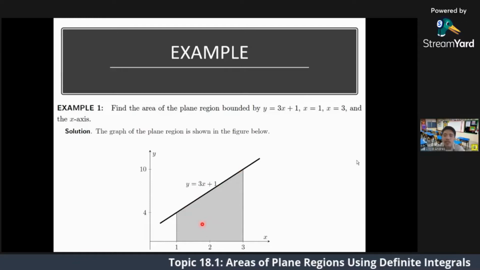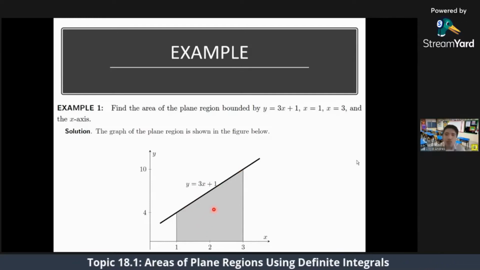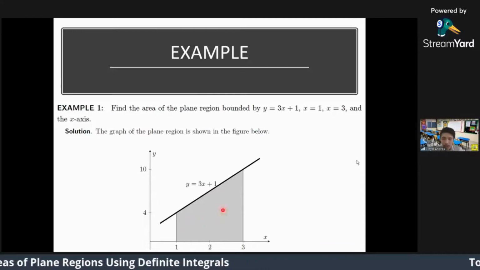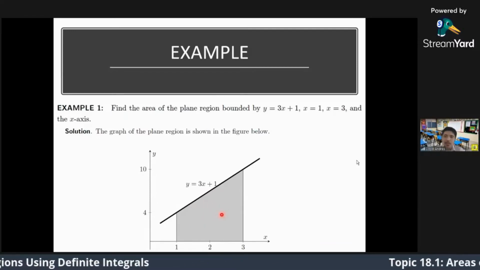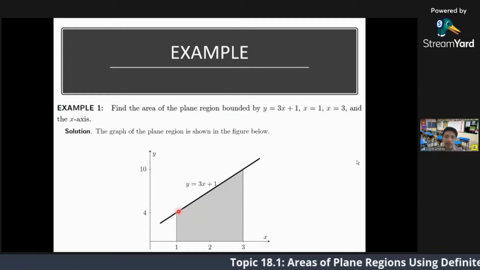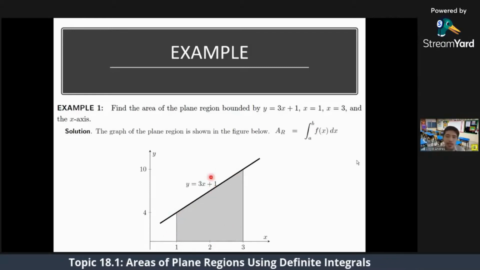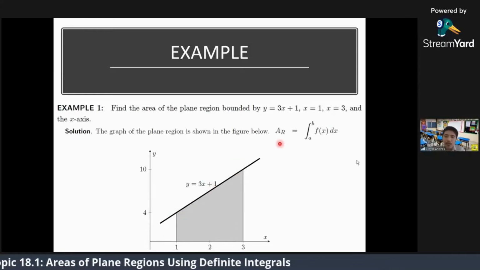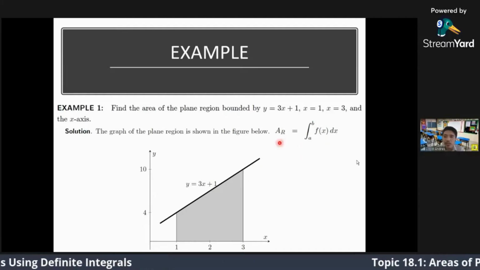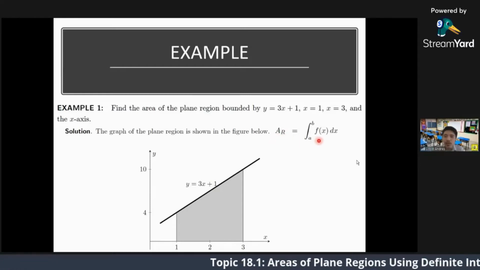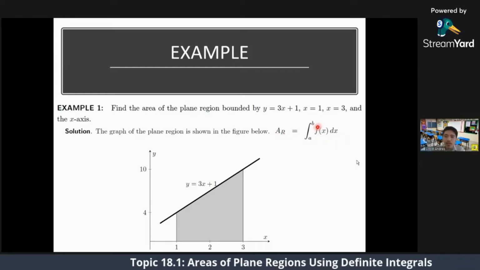we can use the definition of the definite integral to solve for this shaded area bounded by the curve, the two vertical lines, and the x-axis. Our definition says the area of the shaded region is equivalent to the integral of f of x dx from a to b.